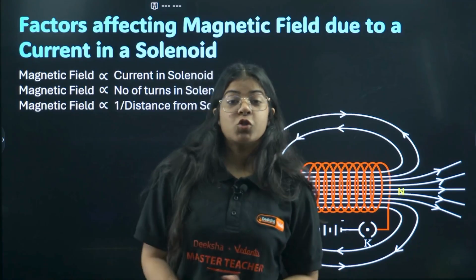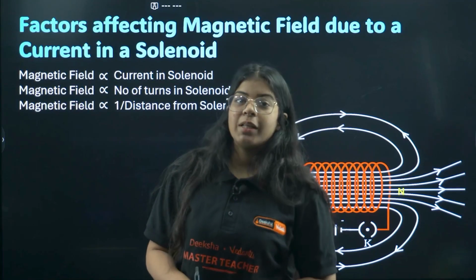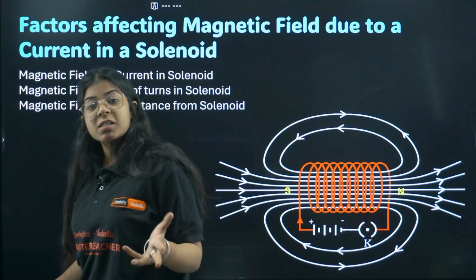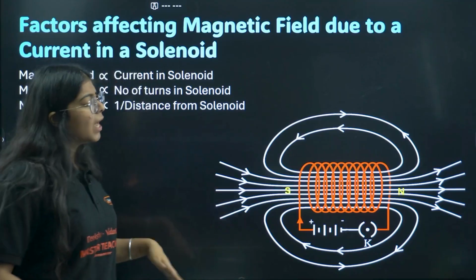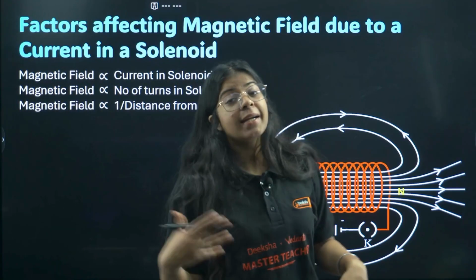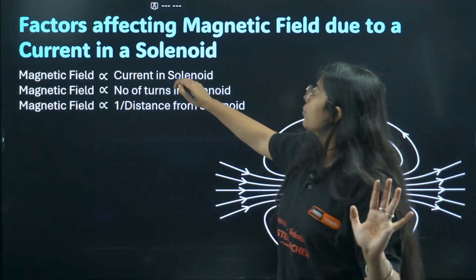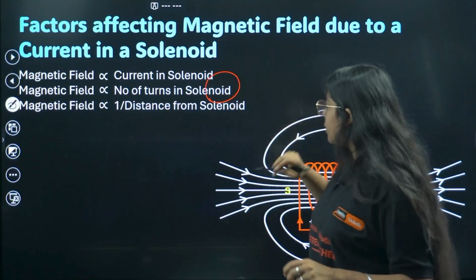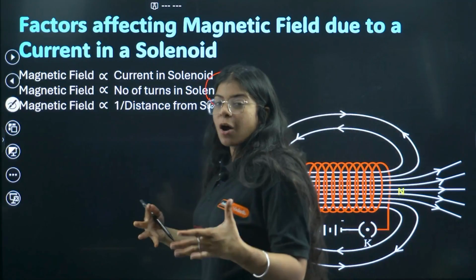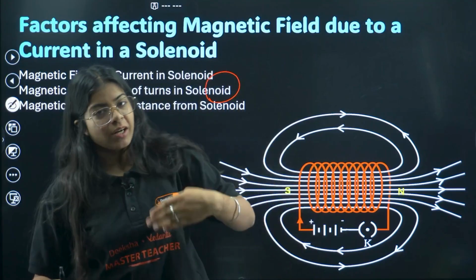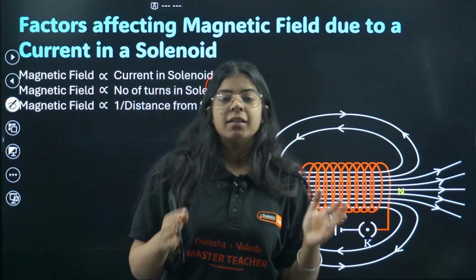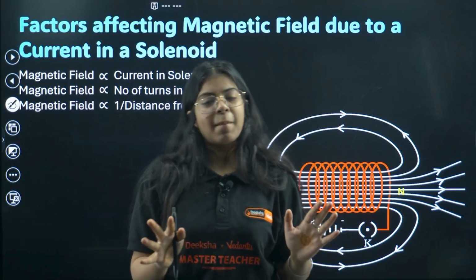Now again, for the solenoid, we will also see the factors affecting the magnetic field due to current in a solenoid. The first is simple: as the current increases, the magnetic field strength increases. Now, how did we make a solenoid? We took an insulated copper wire and wrapped it. If the number of turns is 10, there will be, let's say, 10 units of magnetic field strength.